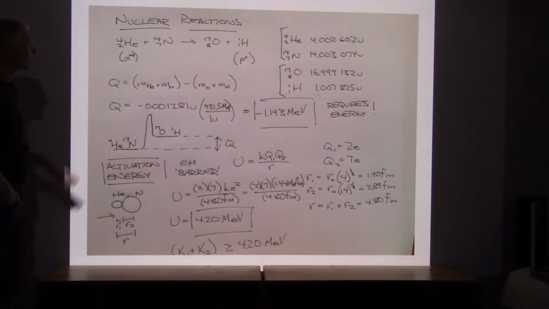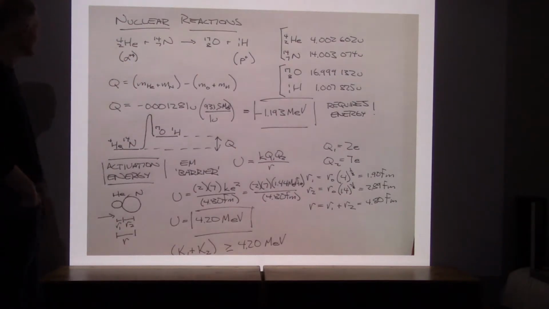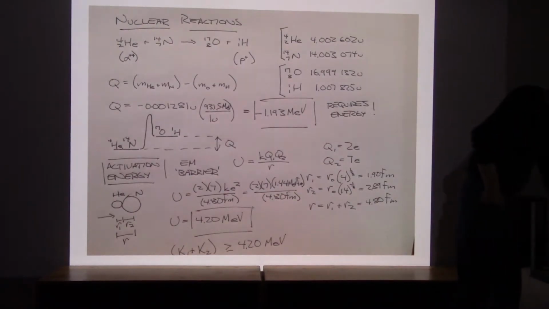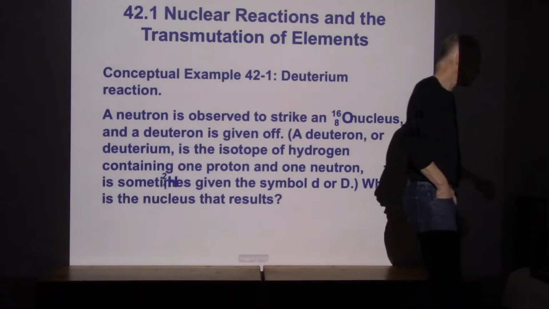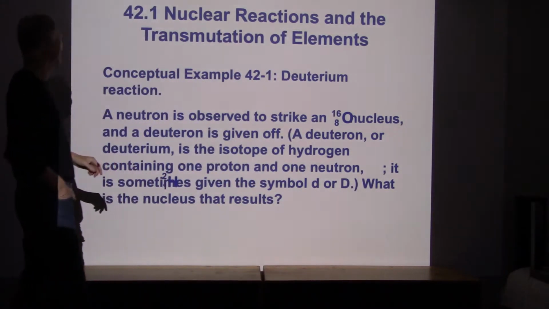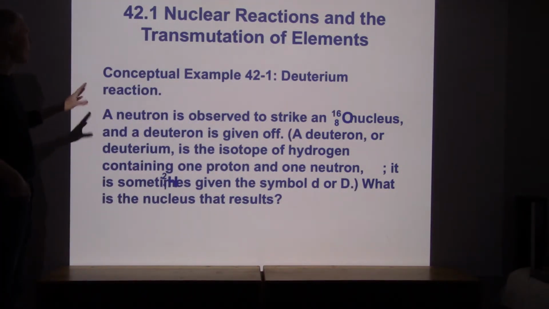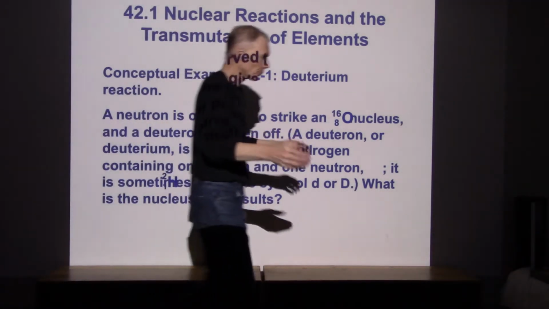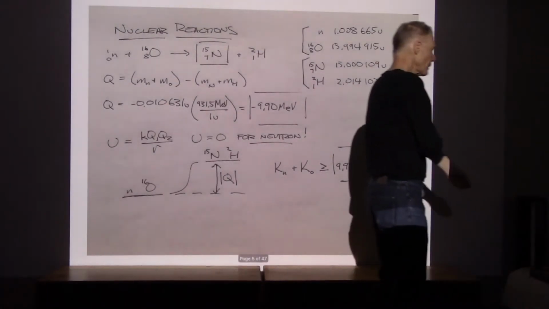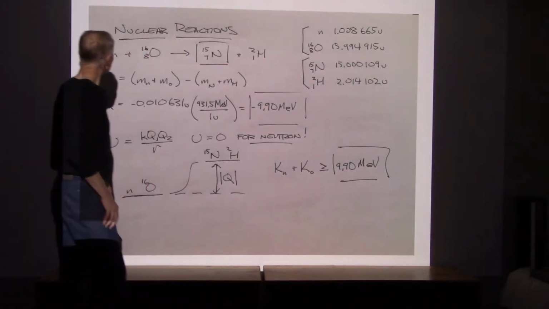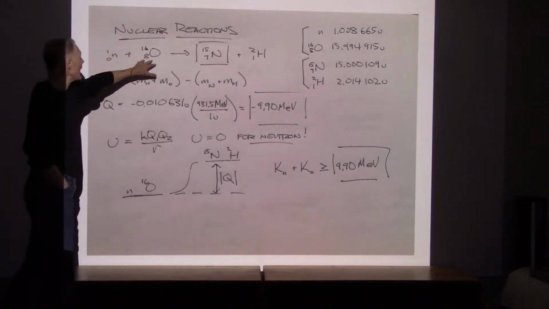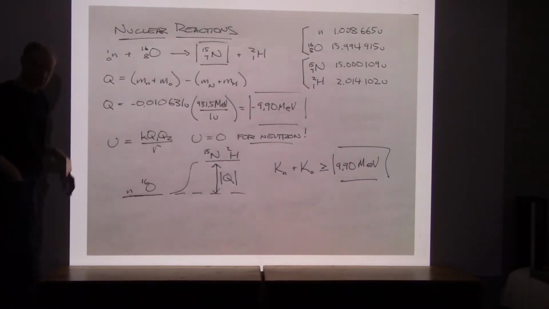Let's look at another reaction. I think this is a good example, a good one to pay attention to. It gives us another reaction. This time, we're starting off with a neutron, and we have this oxygen-16 nucleus.